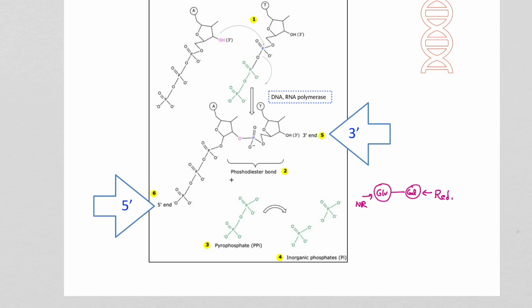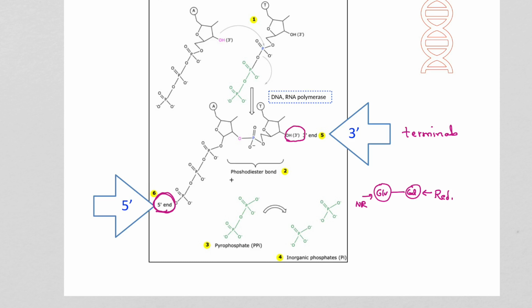Similarly with a dinucleotide or trinucleotide or polynucleotide, such as DNA and RNA, we have two ends, and the two ends of the molecule look different. So here is one end, this is called the 5' end, and this is called the 3' end.